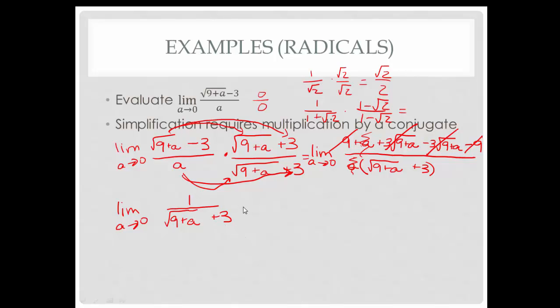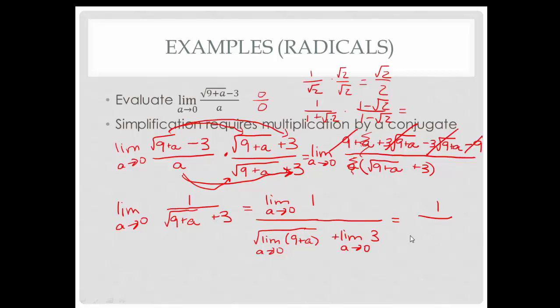And from here, we can go ahead and apply some of those limit laws. We get the limit as a approaches 0 of 1 over, now I can move the limit under that radical, the limit as a approaches 0 of 9 plus a. So I moved it under the radical, and then I'll split this one across addition: the limit as a approaches 0 of 3. So the limit of the constants are the constants, so the numerator stays 1.